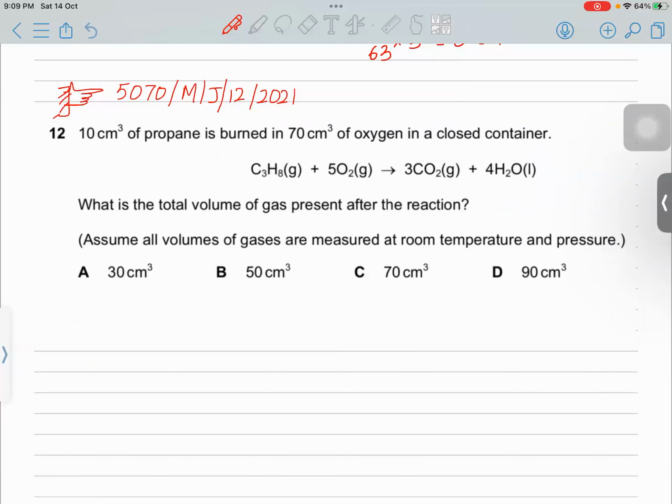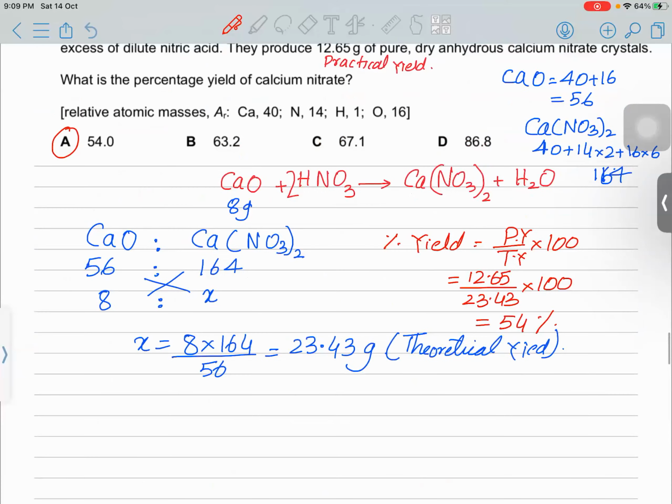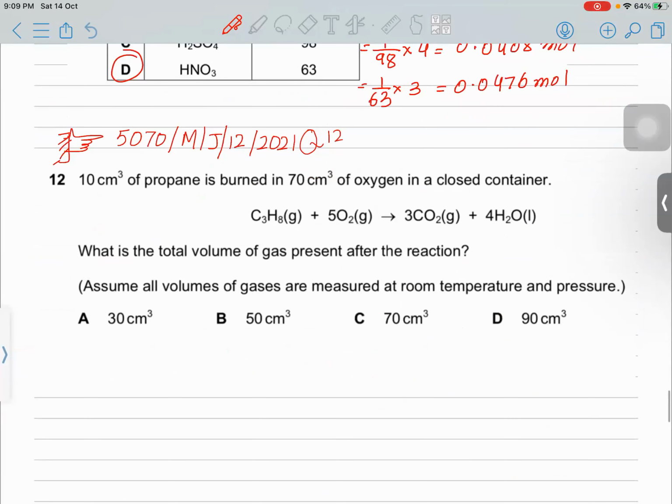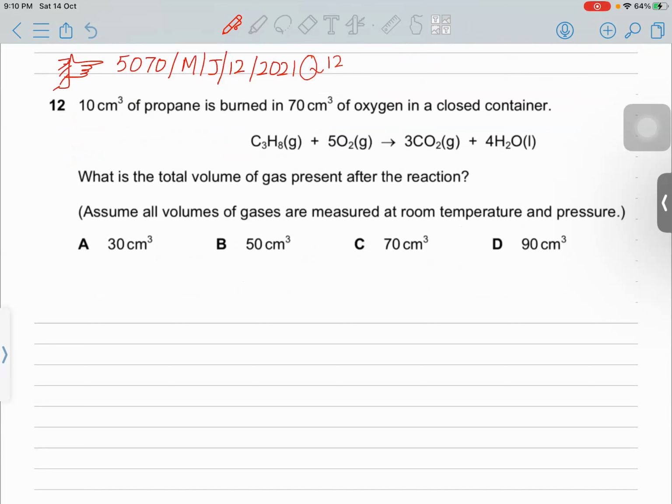Now question number 12. 10 cm cube of propane is burned in 70 cm cube of oxygen in a closed container. What is the total volume of the gas present after this reaction? So look at the example. You have C3H8 and 5O2.